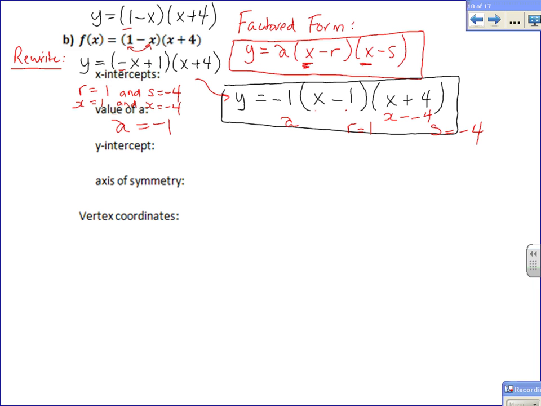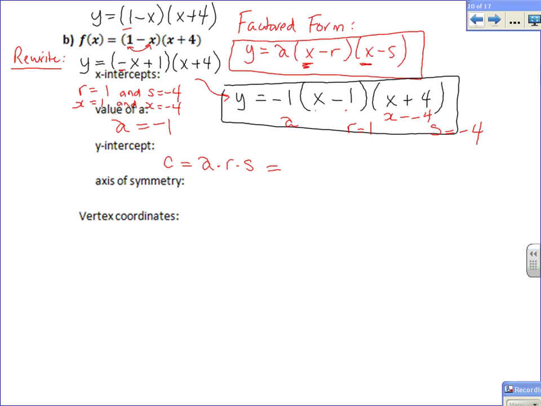The y-intercept for this factored form is going to be c is equal to a times r times s. So I can put in the values that I have for a, r, and s, and figure out what the y-intercept is.